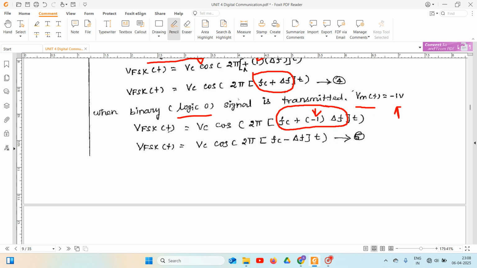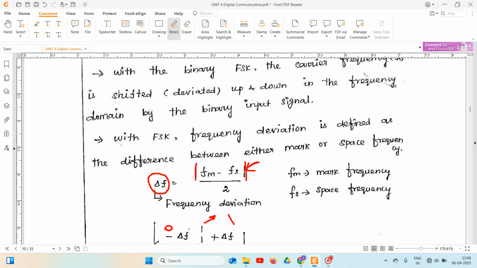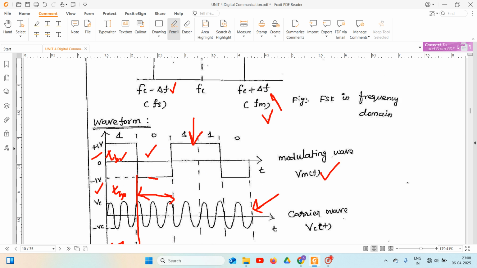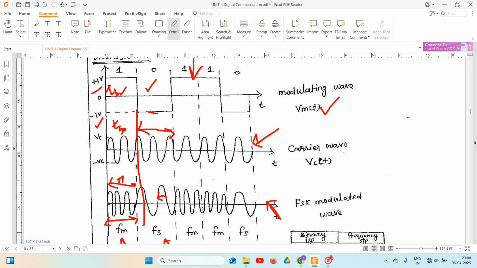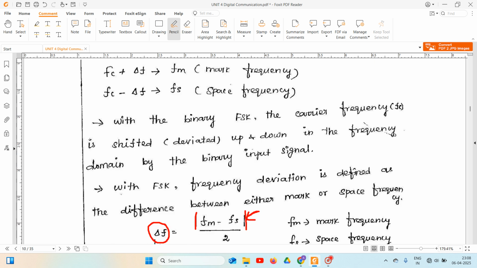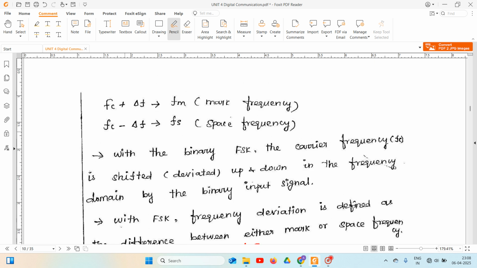So when your input signal is logic 0, your frequency shifting is Fc minus delta F. Logic 1 means Fc plus delta F, right? So we call Fc plus delta F the mark frequency, and Fc minus delta F the space frequency.